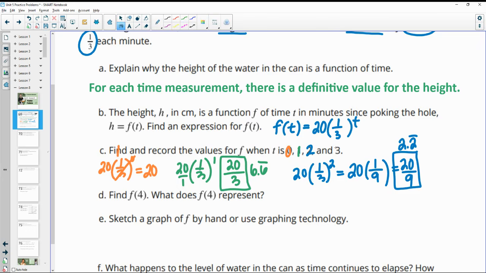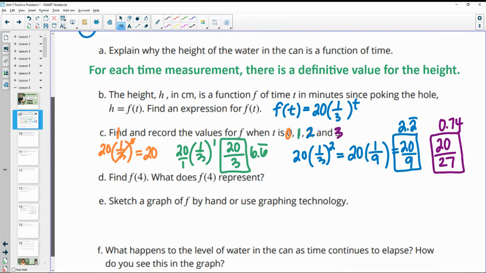And then at 3, if we follow this pattern, then we'd have 3 cubed on the bottom, right? So this was 3 to the first on bottom, 3 squared on bottom. So this is going to be 3 cubed on bottom, which is going to be 20/27. Or the decimal version would be 0.74. So again, you can certainly use your calculator. You don't have to do those in your head.